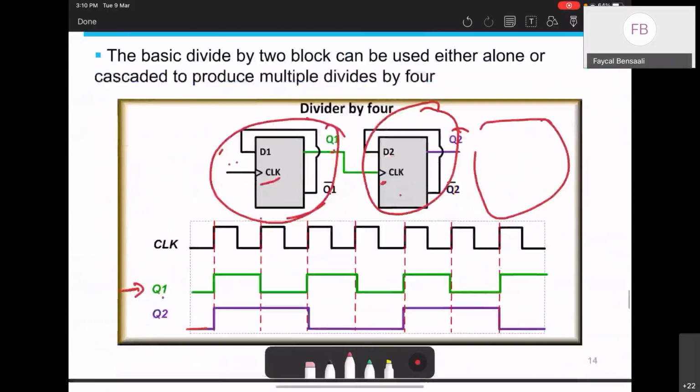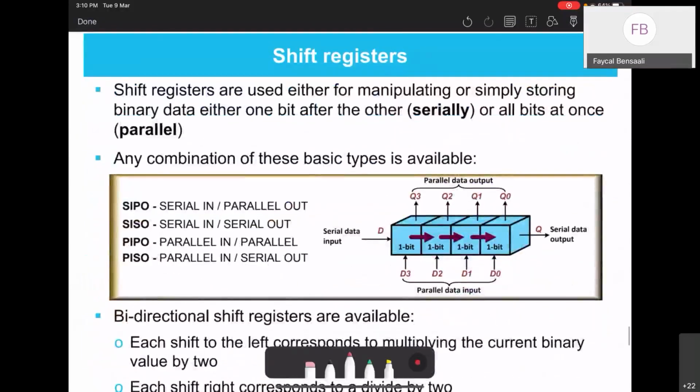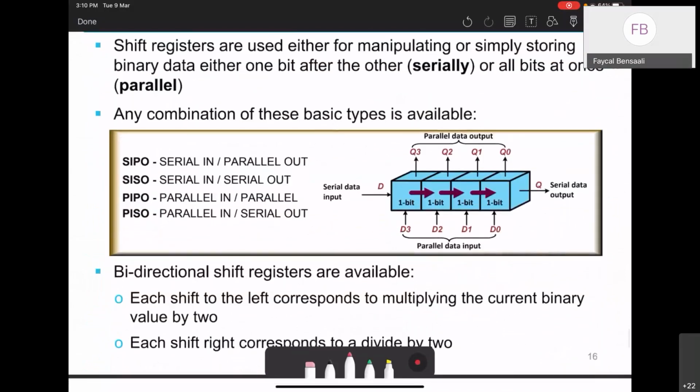It's the same for shift registers. We use either D flip-flops or JK flip-flops, and we connect them together. If I want a 4-bit shift register, I will use 4 JK flip-flops or 4 D flip-flops. If I want an 8-bit, I will use 8 flip-flops, and so on.